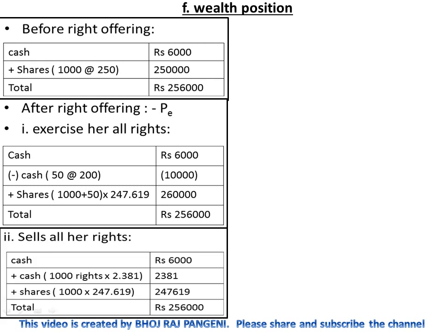The next point is that she sells all her rights. If she sells all her rights, what happens to her wealth position? Rupees 6,000 is the old cash balance, and if she sells all her rights, that means 1,000 rights at the value of right VR, 2.381 per right. 1,000 rights times 2.381 per right means 2,381 rupees.